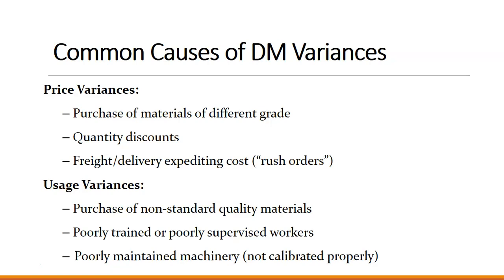If our staff isn't properly trained, our direct labor could ruin materials while they're still learning in the production process. We also could have poorly maintained machinery that could be ripping a direct material or destroying direct material as it's being used. Next, we're going to look at labor variances.